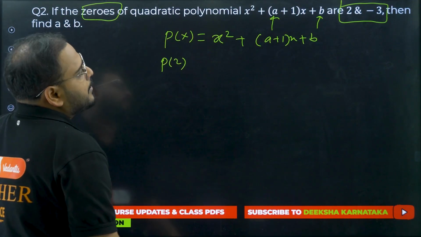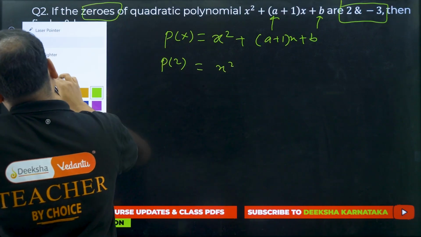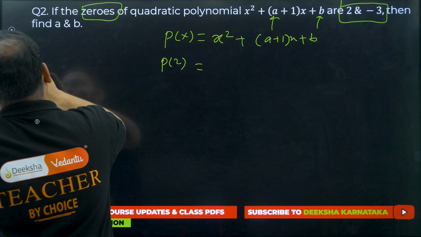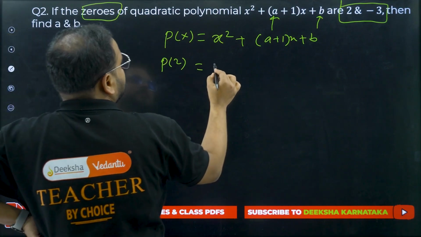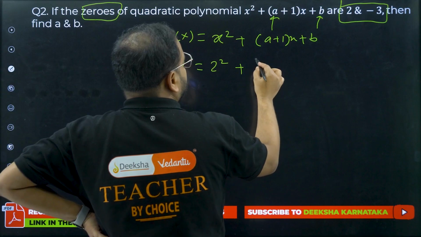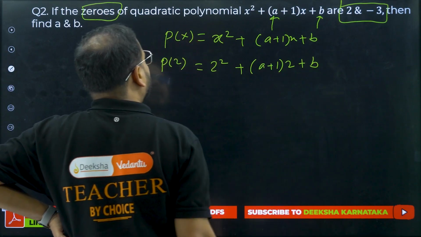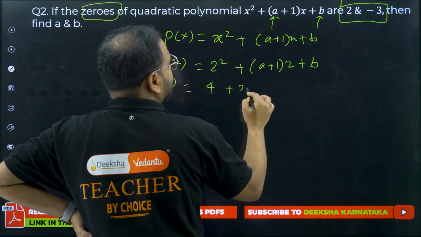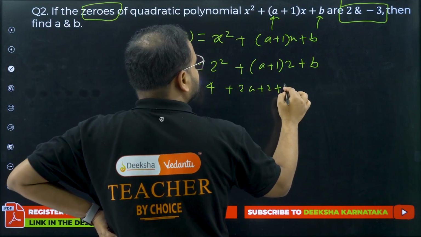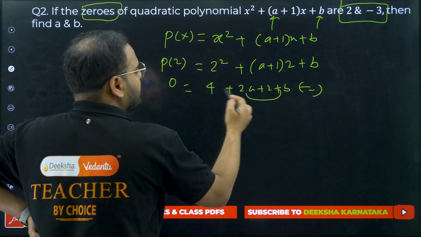You get p(2) equals 2 square plus (a plus 1) times 2 plus b, and this is going to be 0. That is 4 plus 2a plus 2 plus b. Please get the equation from here. I get 2a plus b equals minus 6.